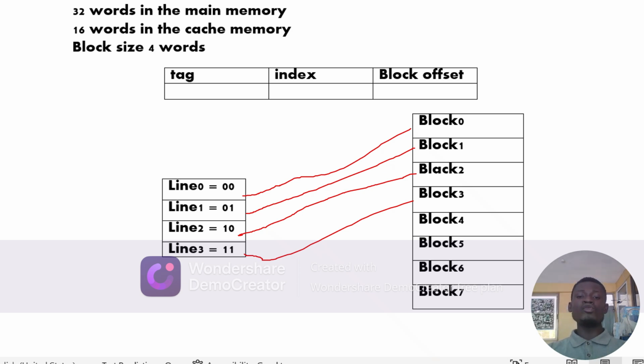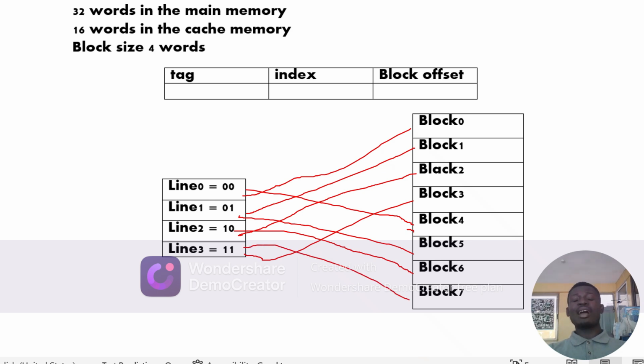After doing 4 modulo 4, you will find out that this one will also map here, and this one will also map here, and this one will also map here, and this one will map here. This is how it is going to be. So it means each line in the cache memory will contain 2 blocks from the main memory.